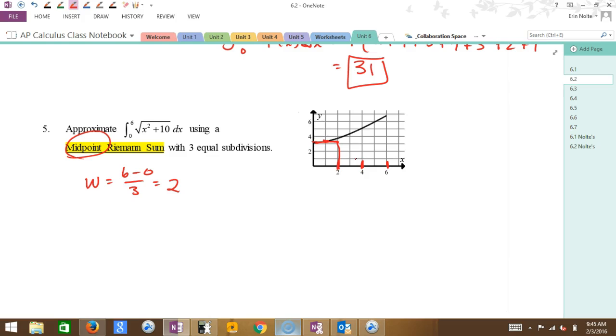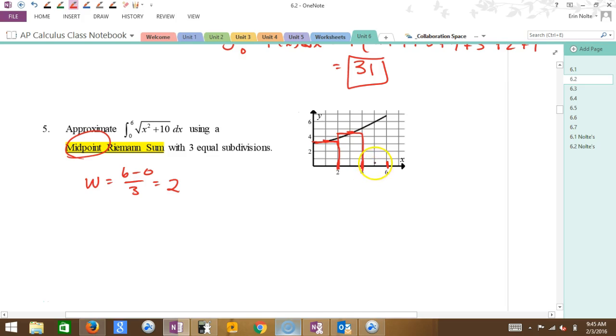I'll show that in a second. Now the next rectangle is between 2 and 4, so the middle of that is 3. The height at 3 looks like about 4.5-ish, because we're doing a midpoint, the middle of 2 and 4.